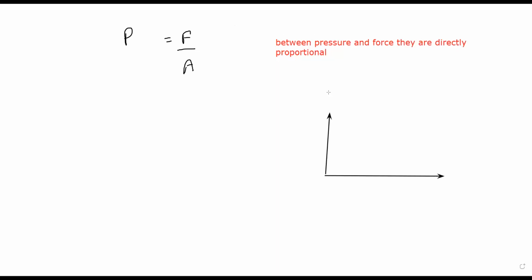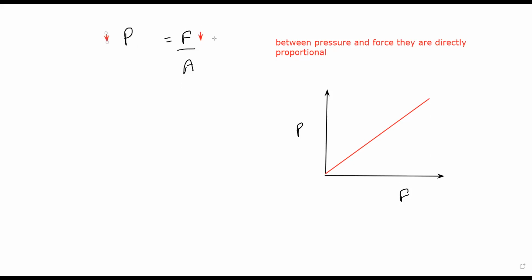So if there was a graph between force and pressure, when two quantities are directly proportional, there will be a straight line starting from the origin. But between pressure and area, they are inversely proportional. Here when we increase the force, the pressure will increase, or if we decrease the force, the pressure will decrease.